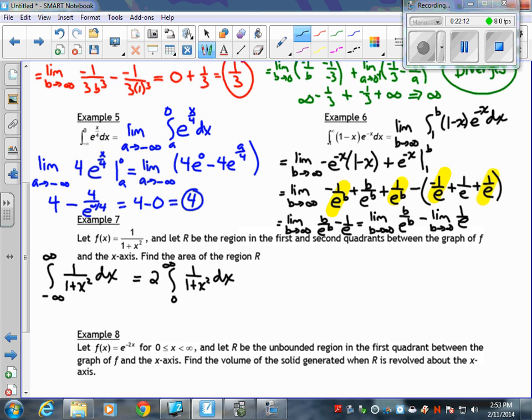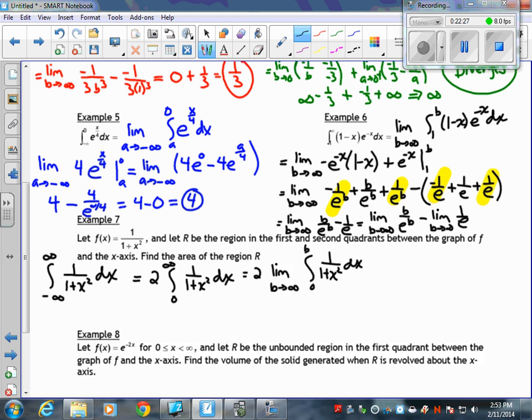So that's the route I'm going to take. I'm just going to double this definite integral. Now to do that, I still have to take a limit, and it's my upper bound that's going to go towards infinity. So I'm going from 0 to b of 1 over 1 plus x squared dx.